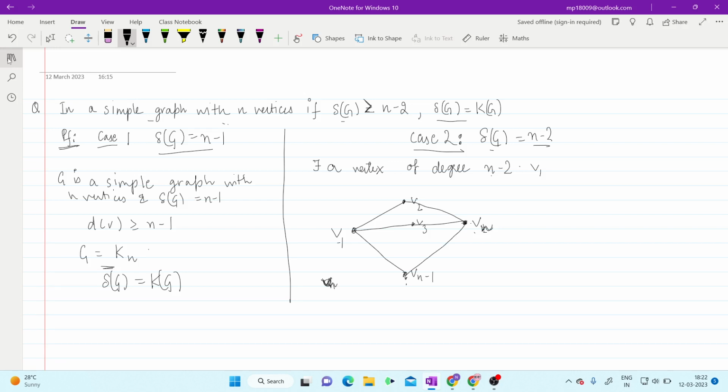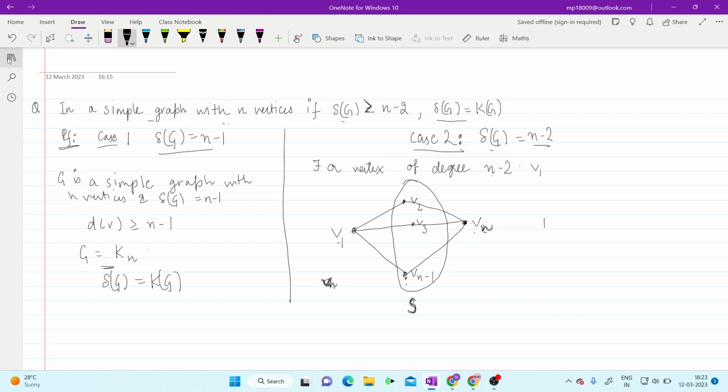Okay, now we have to show the vertex connectivity. We have this graph and there can be more edges, but all those additional edges are within this set S. We have drawn all possible edges from V1 and from Vn, and all the other edges are here.